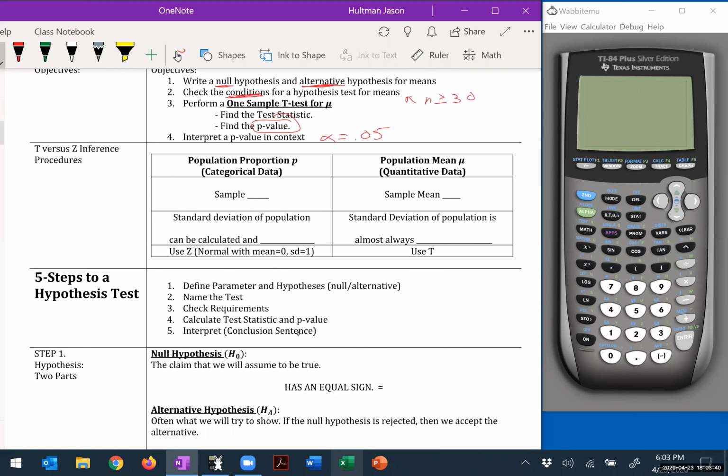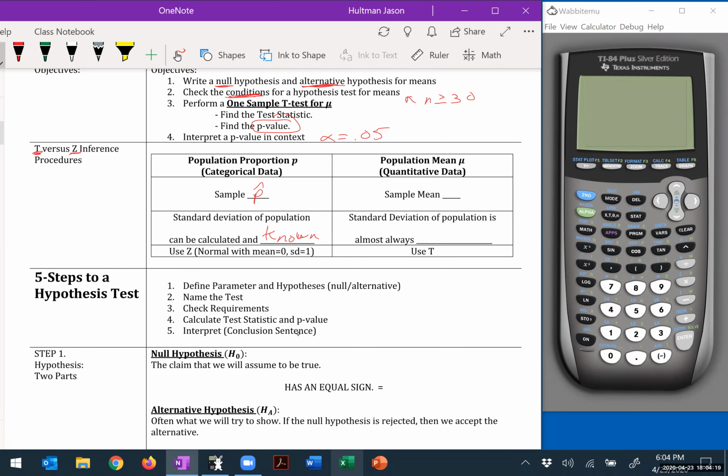T versus Z. When do we use T? When do we use Z? Well, we use T when we're talking about a mean, and we use Z when we're talking about a proportion. The sample statistic for a proportion was p hat, and the standard deviation can be calculated and known.